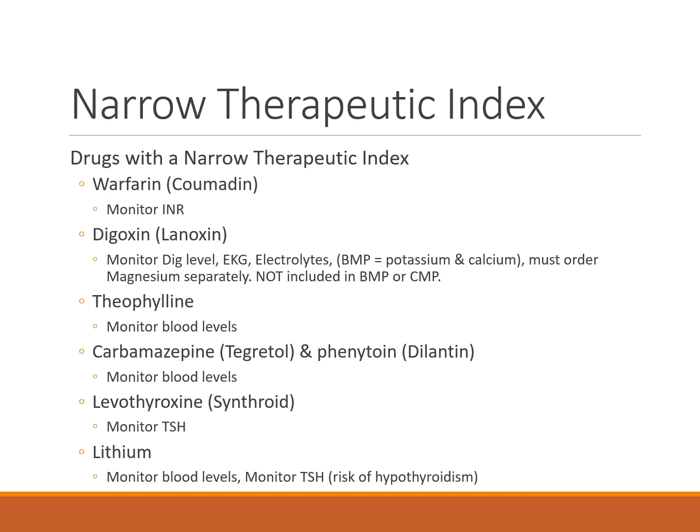It's going to give you just sodium, potassium, calcium, and very, very basic stuff in your kidney function. And then your complete metabolic panel includes your liver function test with it, and there's no other difference. So when you're monitoring electrolytes for digoxin, you have to do the BMP, which has the potassium and the calcium in it, which is what this is interested in. Order the magnesium separately.